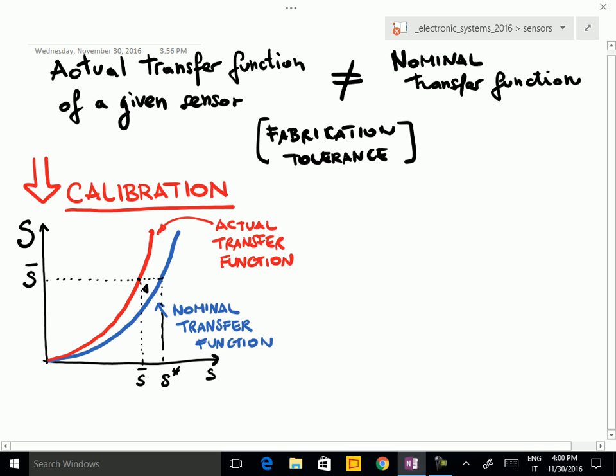And so this difference is the error that we make in the interpretation of the measurement. Okay? So this is the reason why we have to reduce the difference between the two functions.